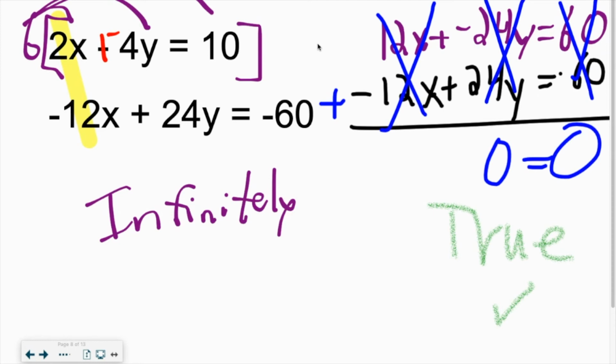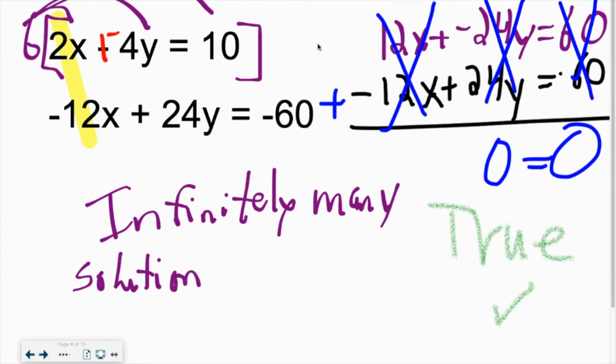But like I said in the beginning, for me in my class, I want you to not just leave it at infinitely many solutions, because not every number works, but infinitely many solutions on the line. And now pick one. Pick either this first equation or the second one. I don't care, and write it down.